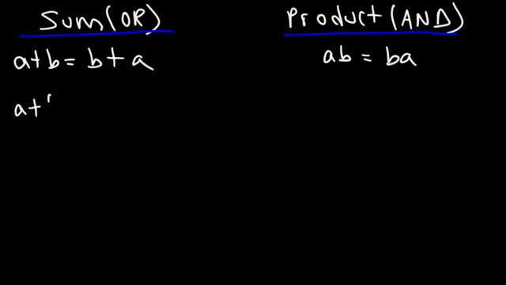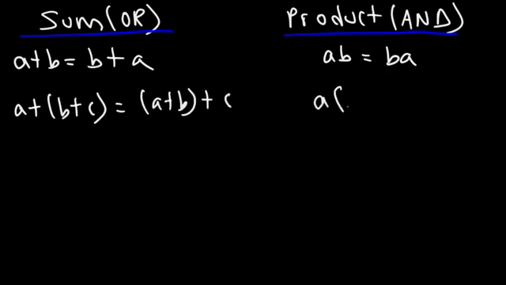So A plus B plus C is the same as A plus B plus C, and A times BC is the same as AB times C. So that's the associative property. And as you can see, the order for the AND or OR operators doesn't matter.